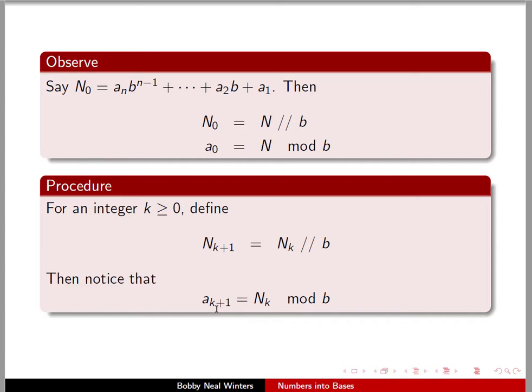And in this case, notice that my a sub k plus 1 is equal to n sub k mod b. So basically it boils down to the fact that I can recover my digits in this base by doing this process. I'm going to work an example for you on this.